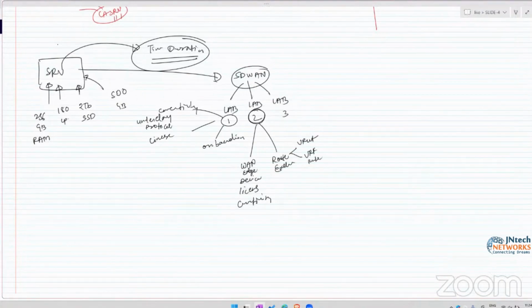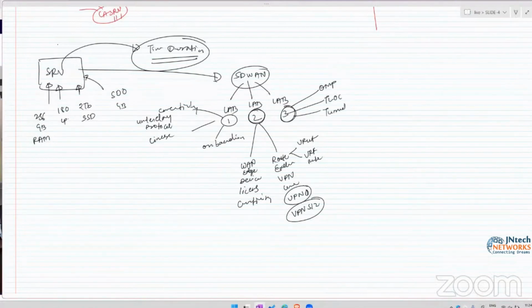And in this lab 2 we discuss the VPN concept: VPN 1, VPN 0, and VPN 512. In lab 3, we discuss the OMP concept, TLOC concept, tunneling concept, clear?